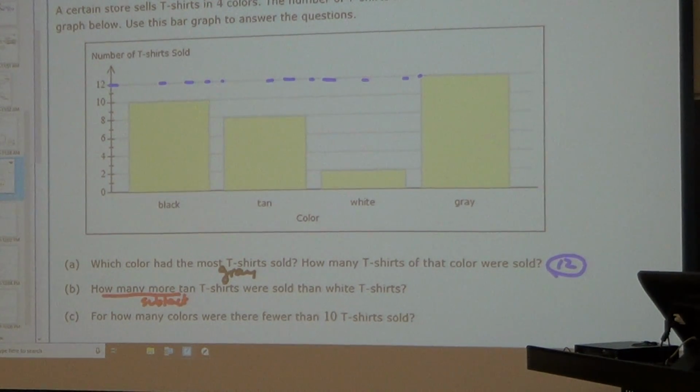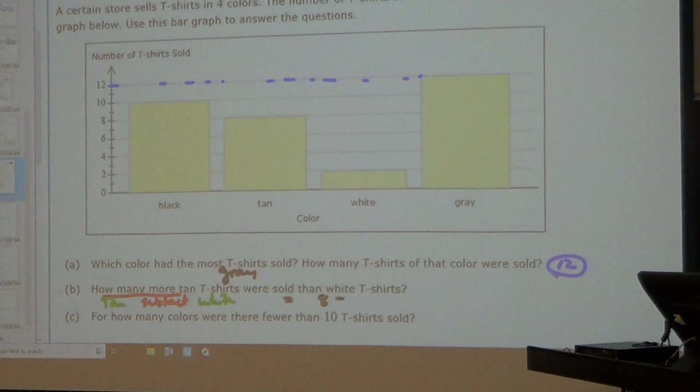How many more tan were there than white? So they're telling me to do tan minus white. So how many tans were there? 8. How many whites were there? 2. So how many more were there? 6. Now if they wanted to know them together, they would say how many all together or how many combined.